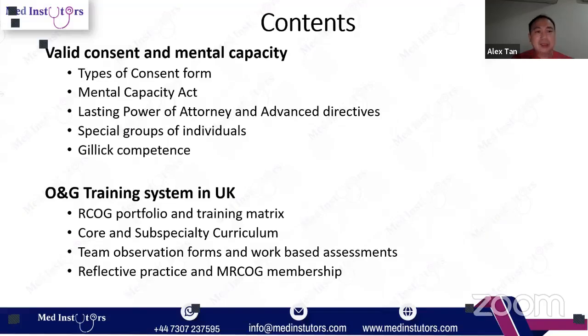I thought it would be useful to go through the consenting part in the UK. So we use 4 kinds of consent forms in the UK, which I'm happy to show you some samples of. Go through a bit about the Mental Capacity Act, lasting power of attorney, advance directive. These are key words. They are used commonly in the UK practice.